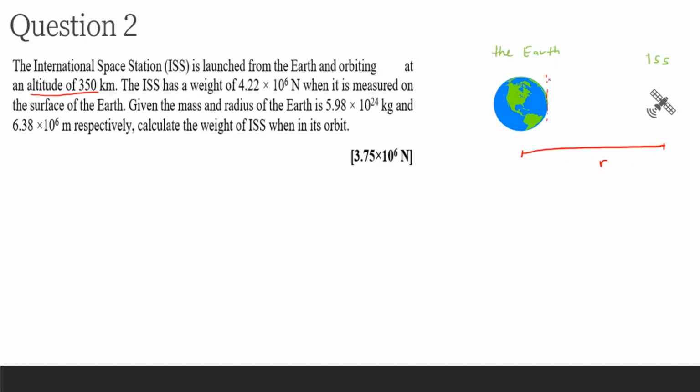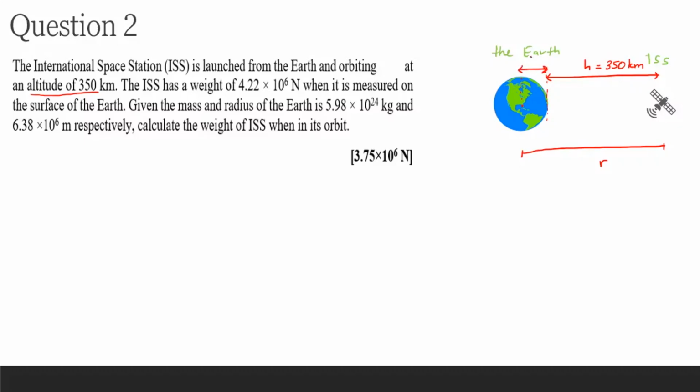So this is above surface of the Earth. This would be altitude H. H is 350 kilometers. So when the question mentions about the altitude, it's actually referring to distance above the surface of the Earth. So it's beyond the surface of the Earth, below the surface of the Earth, which is from the center. Assuming this is the center, so center to surface, what's the distance?